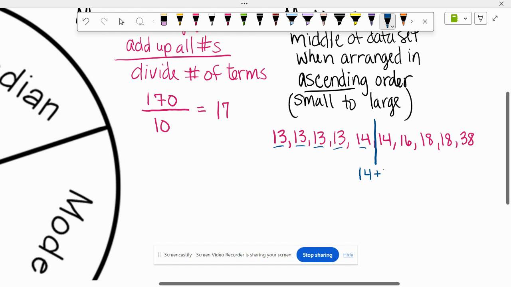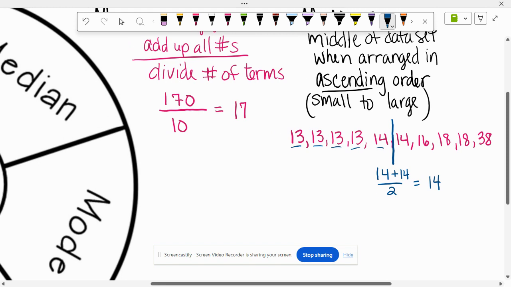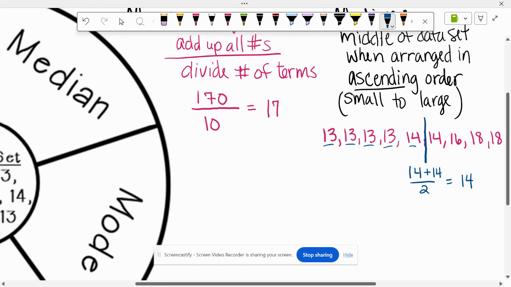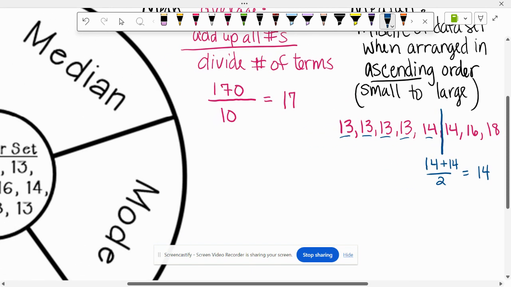So 14 plus 14 divided by 2 is 14. Just 14, okay? So over here on my flap on the front, where it says median, I'm going to write median equals 14.